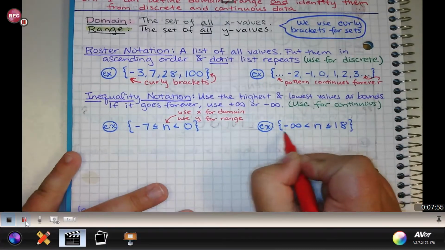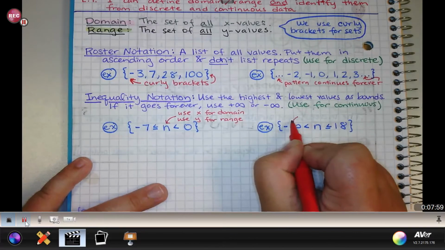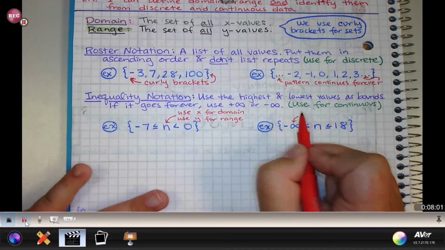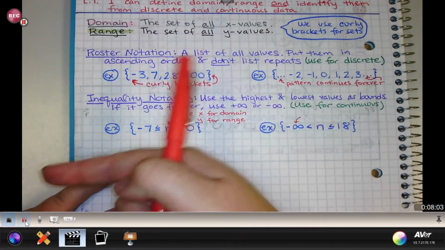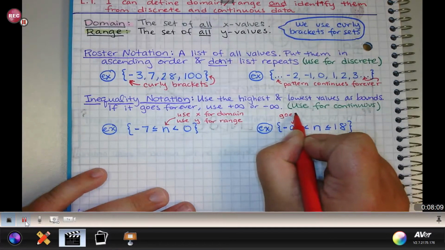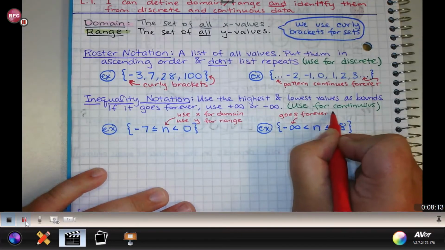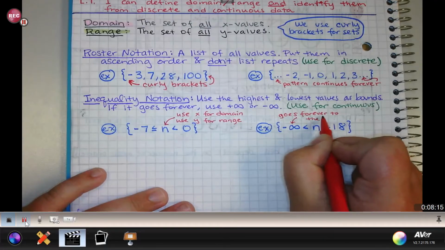And same goes for over here. Now notice I also included this negative infinity. Well, that means that it must go forever to the left because negative infinity is that way on a number line. So this goes forever to the left.